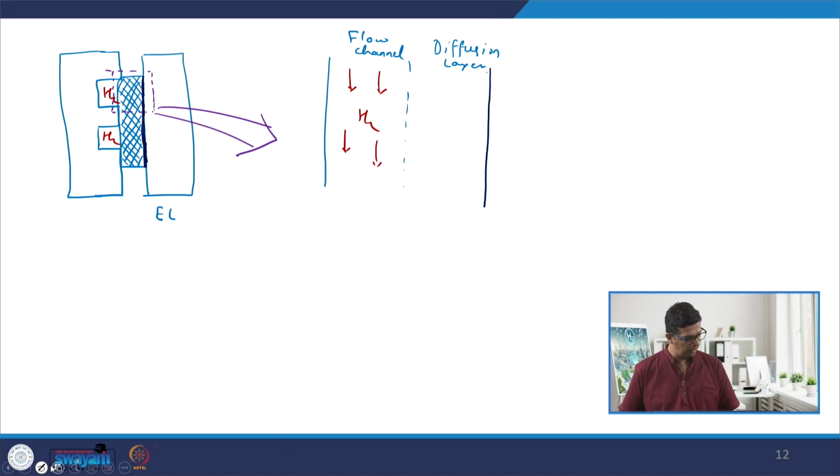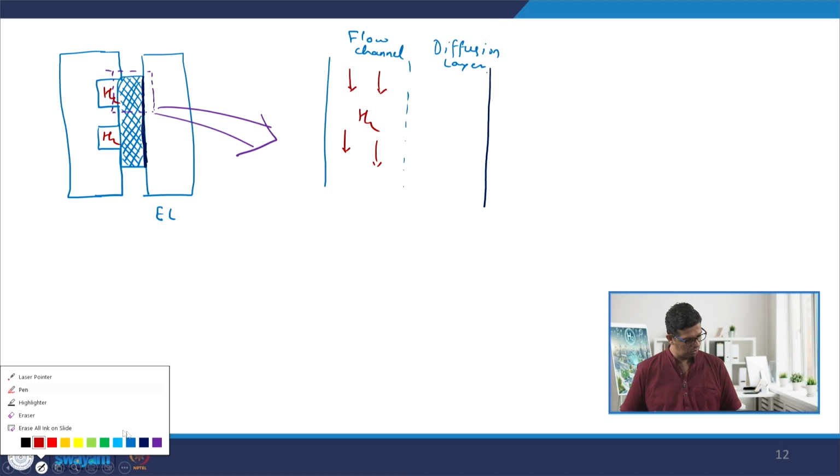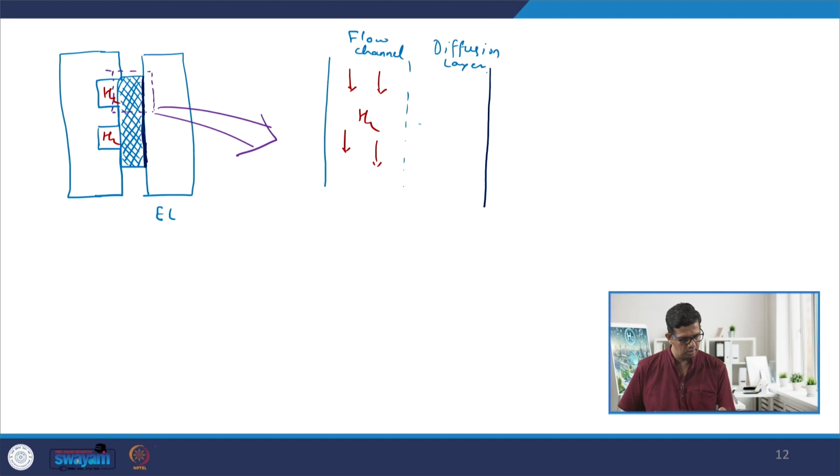So, there is a convective transfer through convection, and we have this hydrogen flowing through the diffusion layer. And here it gets converted into protons. This is your bulk of electrolyte.